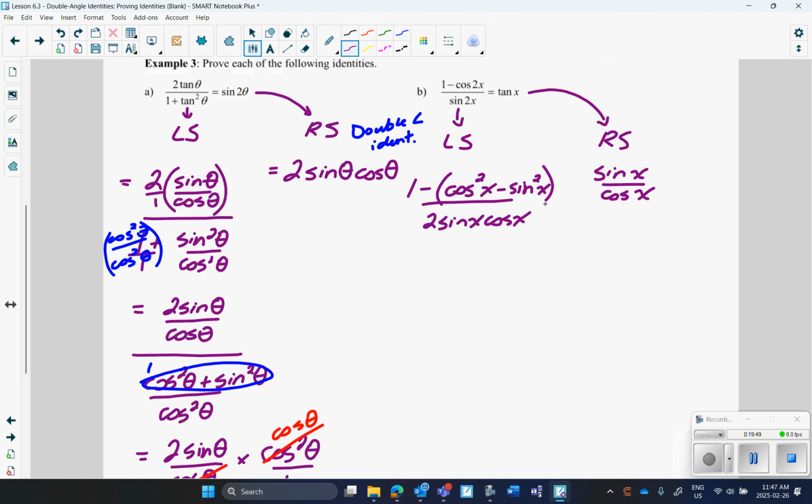So you're going to get 1 minus cos squared x plus sine squared x. Choose sine x cos x. You want to change this to 1 minus cos squared x, or you want to change this to sine squared x? Sure, absolutely.